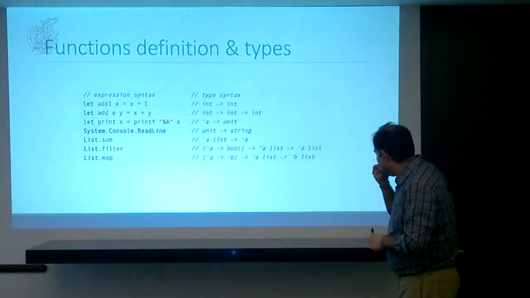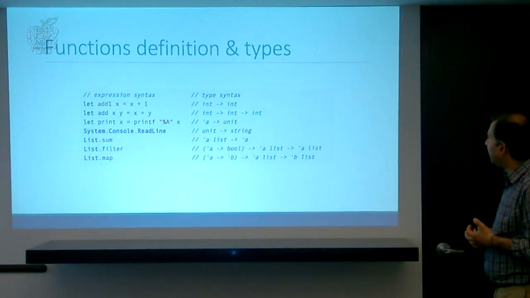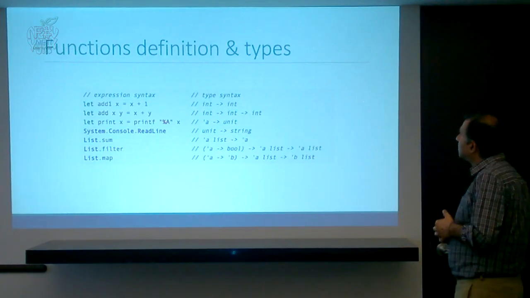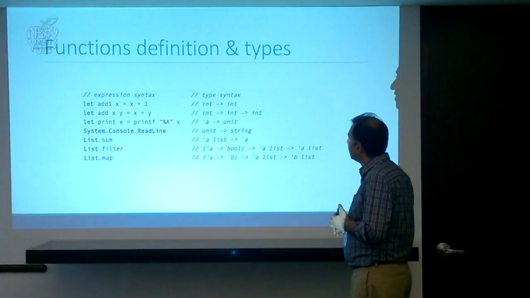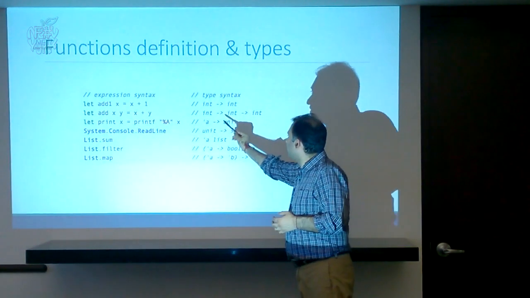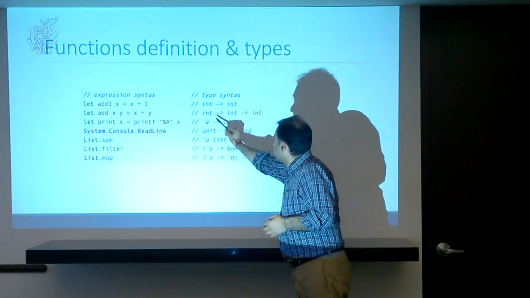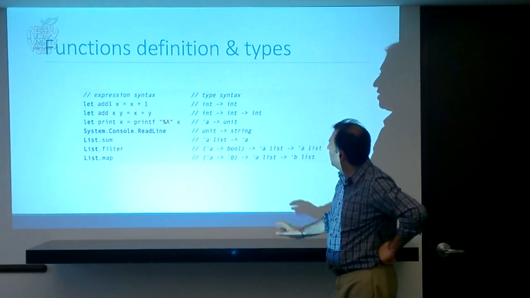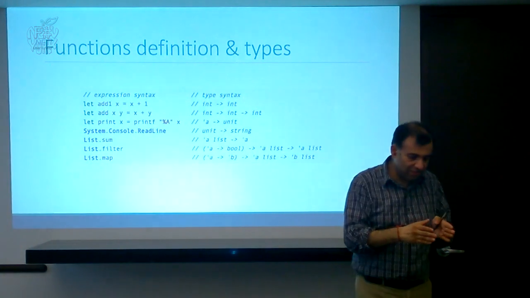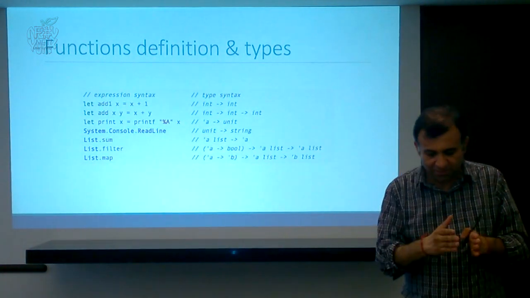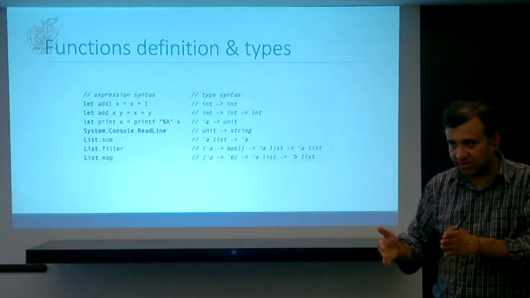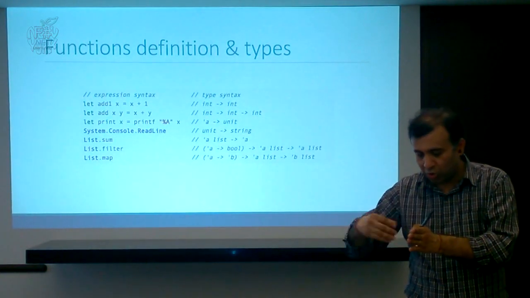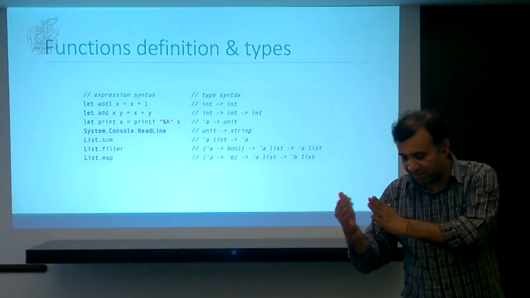Now this, I'm going into a little bit of complications here, but there's a concept called currying in functional languages. So think of it this way, that any function xyz can be thought of as a function that takes one parameter, another function that takes y and z, and then the function that takes y and z can be thought of as another function that takes y and another function that takes z.